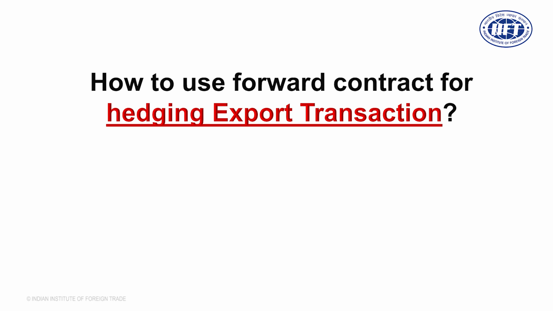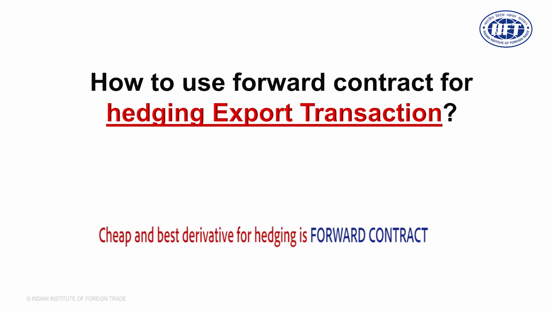On settlement date, whether dollar appreciates or depreciates, you will get the rupee equivalent at the forward rate which was fixed by the bank, in this case, 1 month earlier. So, forward contract is very cheap, best, and bank will help you to develop with the help of forward contract.